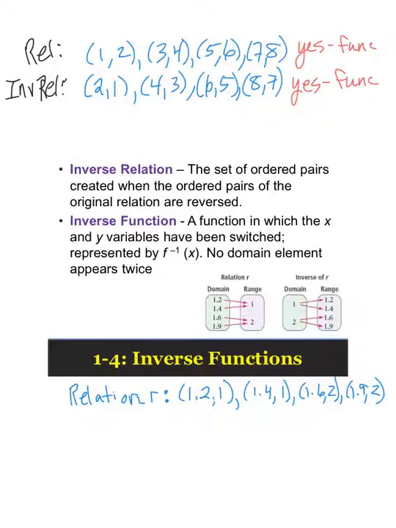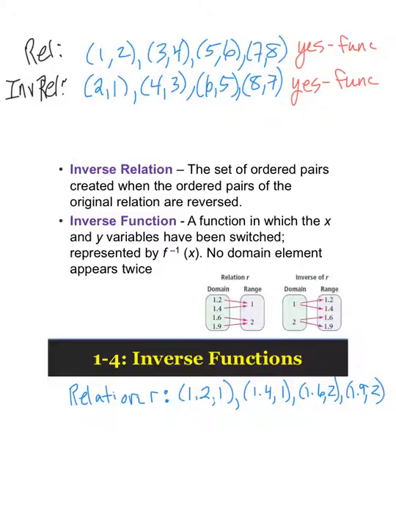So let's look at the inverse. If I switch the x and y's, and that's what they've done here, the domain here has become the range, and the range here has become the domain. Notice now that instead of 2 arrows coming towards the 1, the 2 arrows are leaving the 1.